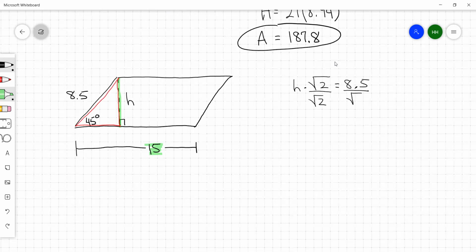What if you divide both sides by the square root of 2? Won't that cancel and leave the H by itself? So in your calculator, 8.5 divided by the square root of 2 equals 6.01. So that's our height.